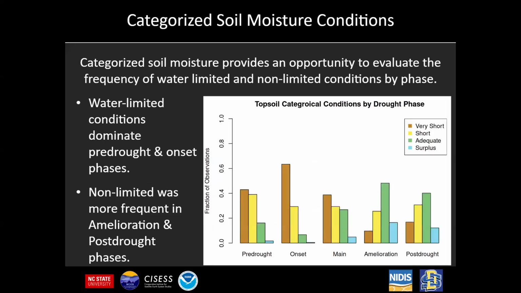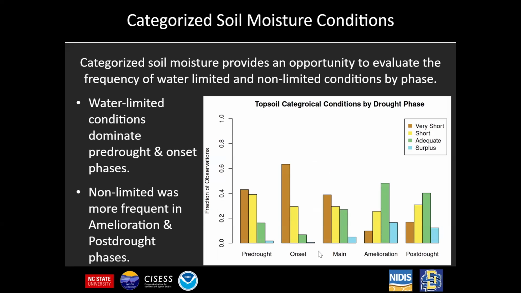One of the last things I wanted to show before we get into some of the summaries is some of the results from the categorized soil moisture. We're still trying to figure out the best way to aggregate this information and show it. So what I've done for this talk is I took all the conditions of very short, short, adequate, and surplus, and I looked at the fraction of time they appear within each drought phase.